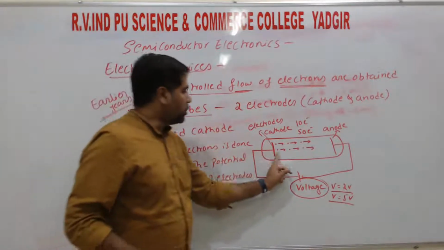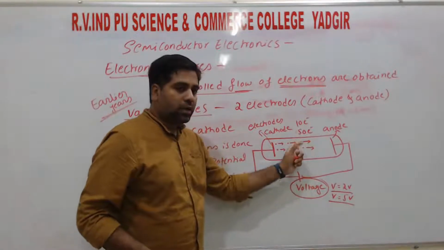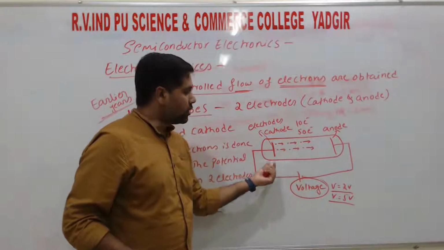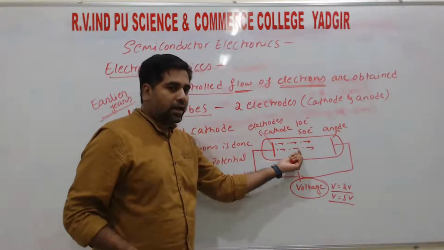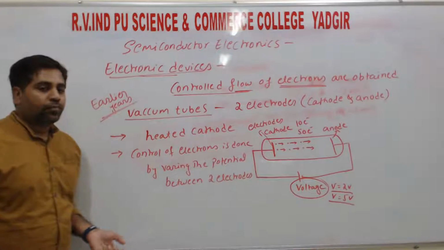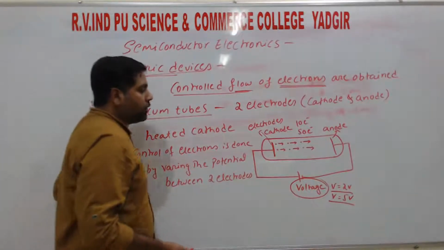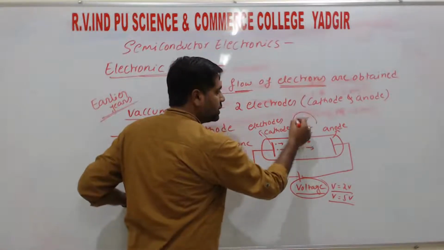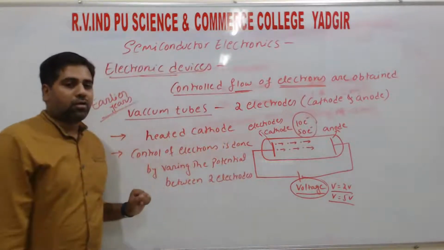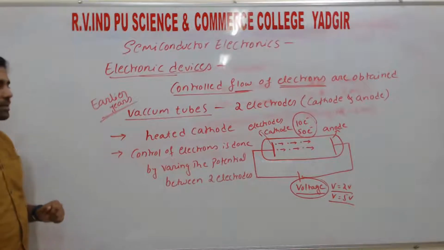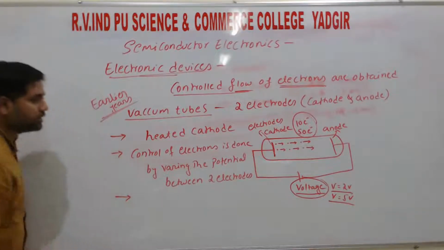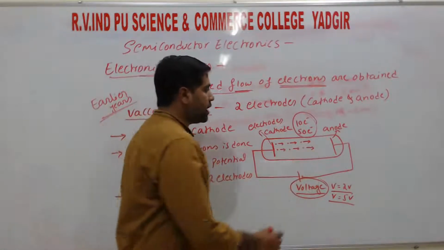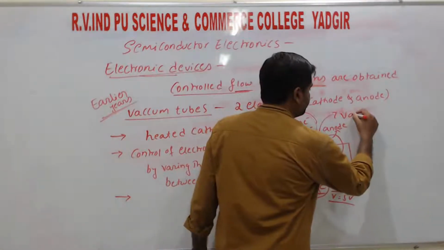Control is nothing but how many electrons we require, so that many electrons only we get. For that we apply a variable voltage to control the electrons. And the third point is that between the two electrodes there must be a vacuum.